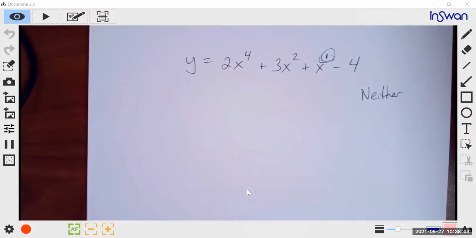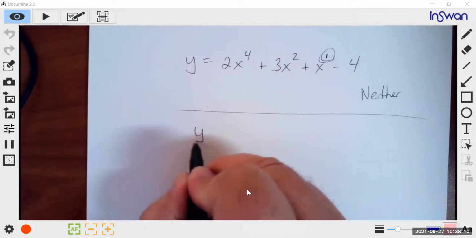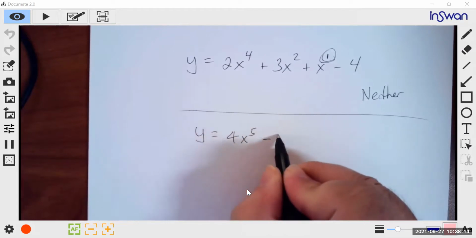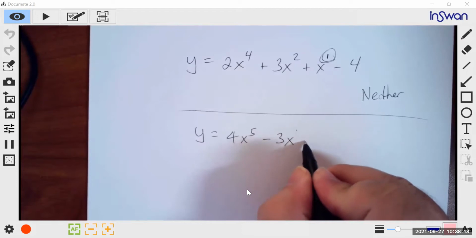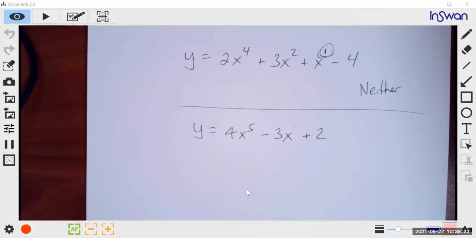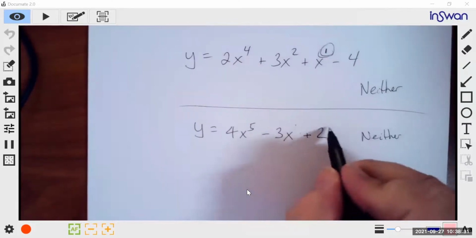They either have to be all odd or all even. Odd, even, or neither? Because it has a constant.